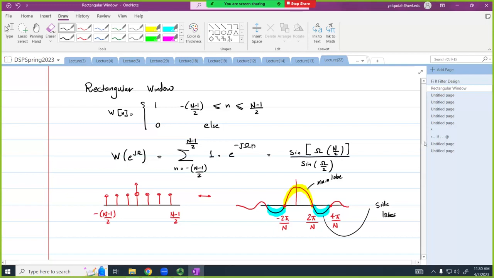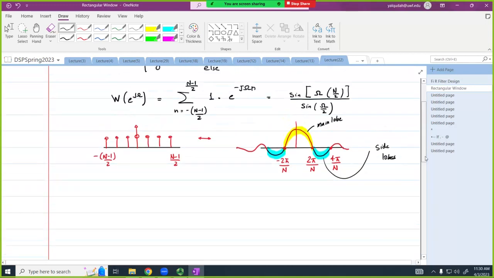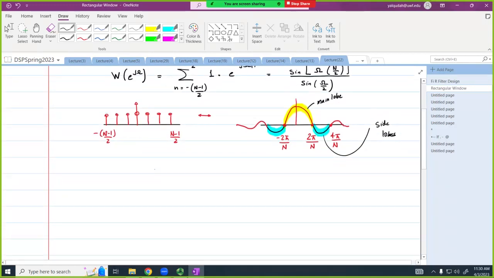So for this window, we have a main lobe, or the main lobe width, which is going to equal 4 pi divided by N. The 2 pi and 2 pi. So this width is equal to 4 pi divided by N.